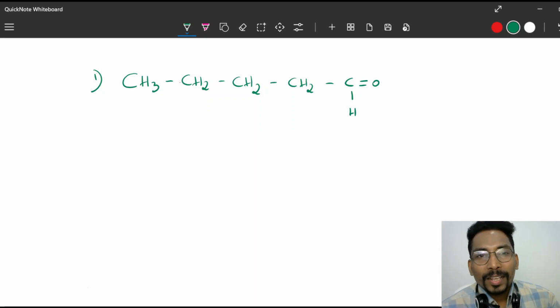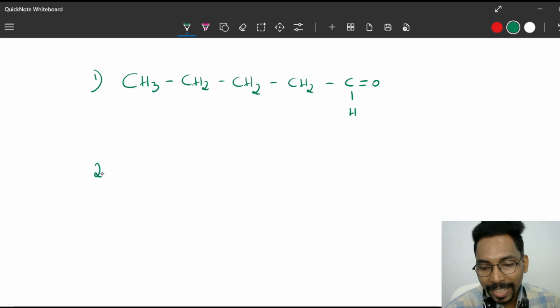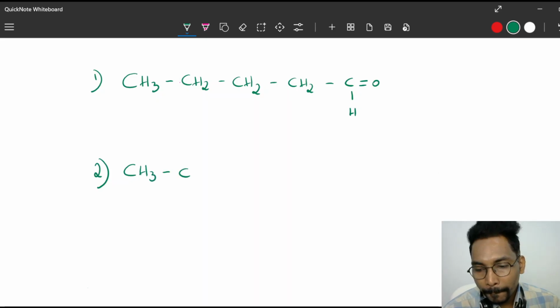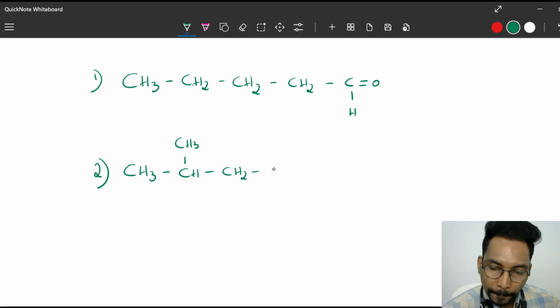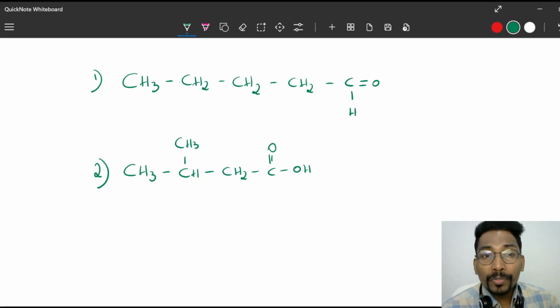What is the name of this compound? And second one, name of this one.